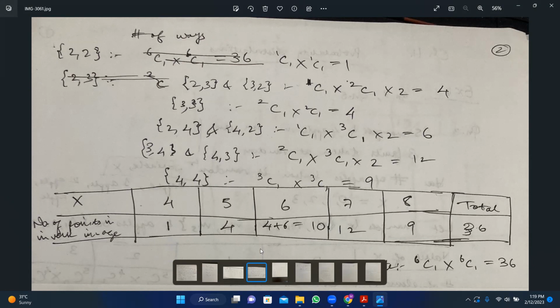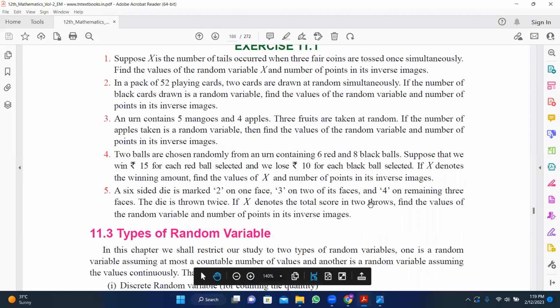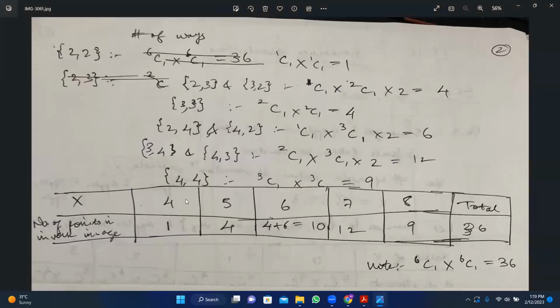Now we have the total. Now we tabulate this answer in this format, where x, which in the question is asked, is the total score in 2 rows. So the total score takes the values 4, 5, 6, 7, and 8. We have found here that it is 1 when the total score is 4.